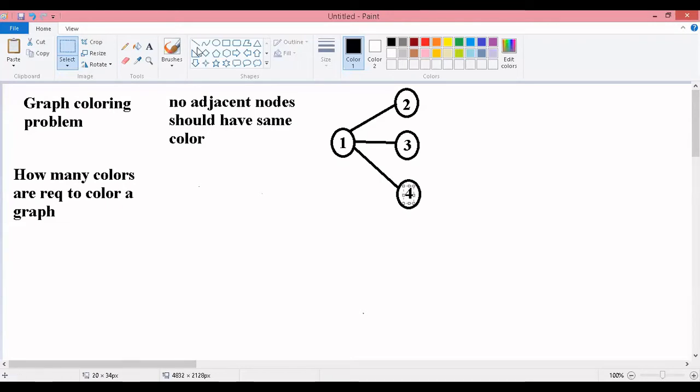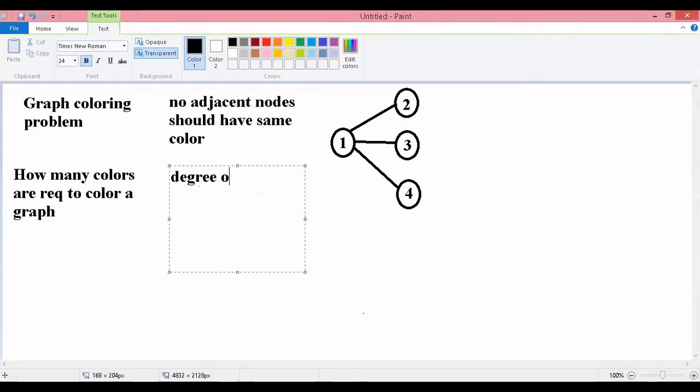Now if you see this graph, if I list out the degree of all nodes, node 1 has a degree of 3, node 2 has a degree of 1, node 3 has a degree of 1, and node 4 has a degree of 1.